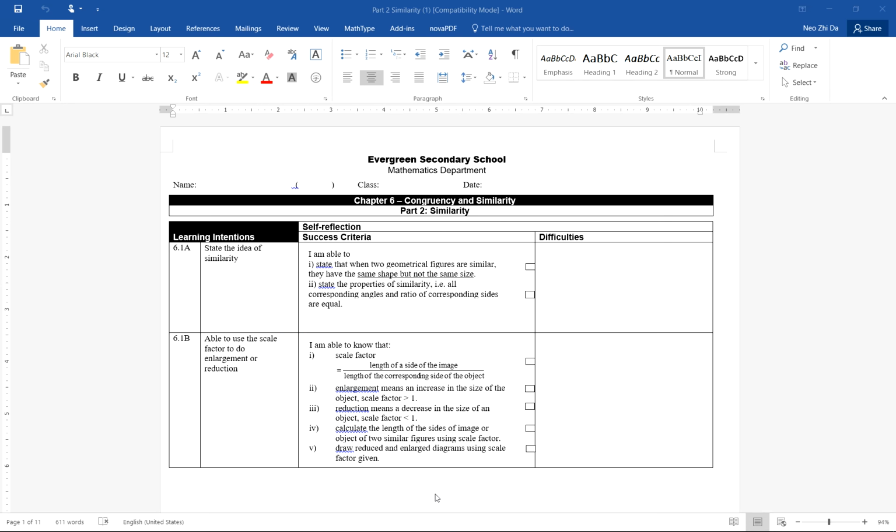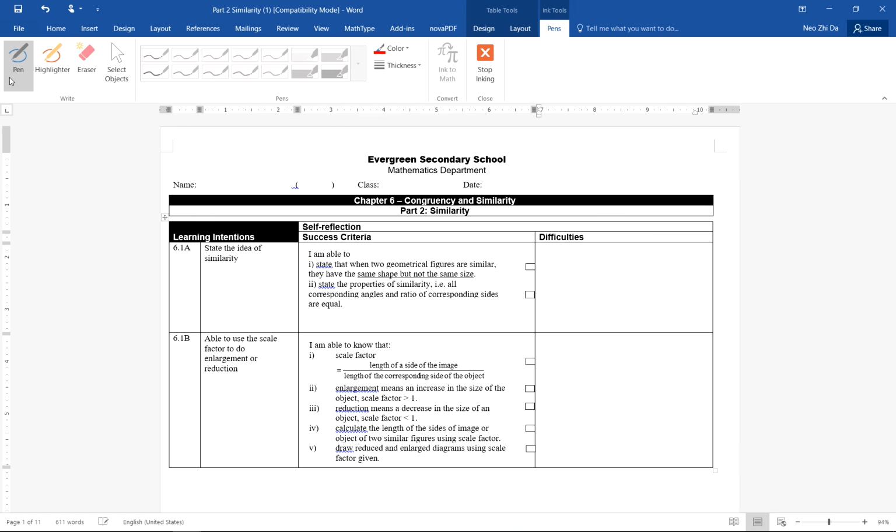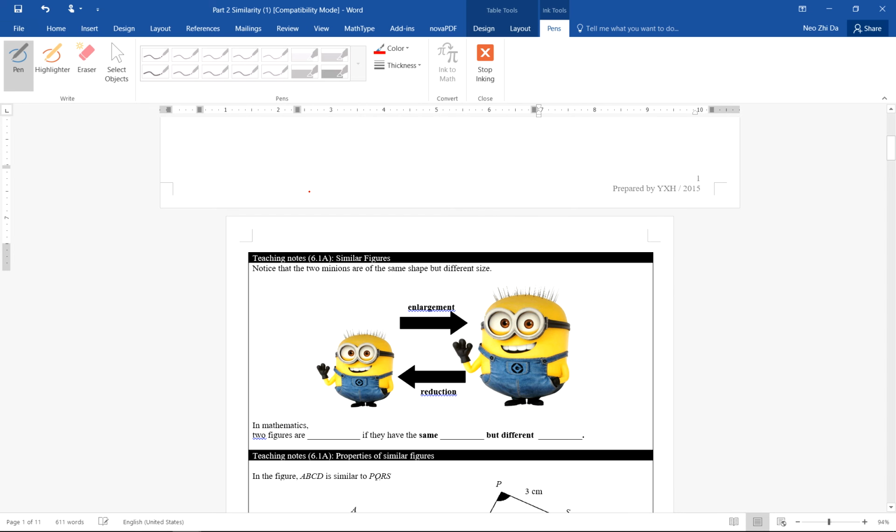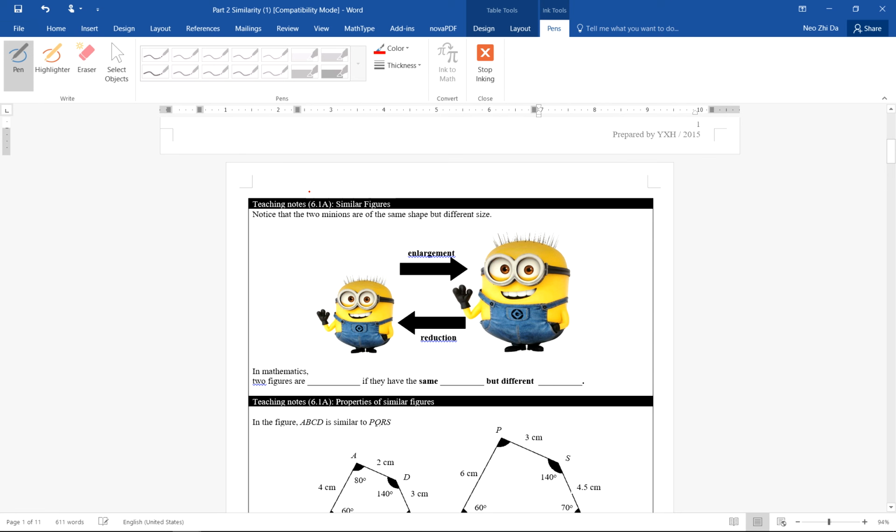For this part 2 worksheet on similarity, basically it's just the first shape. Either you enlarge it and it becomes bigger, or you reduce it and it becomes smaller.